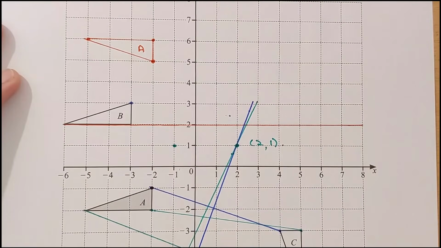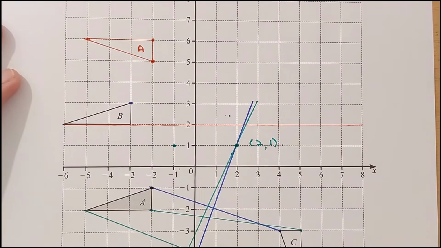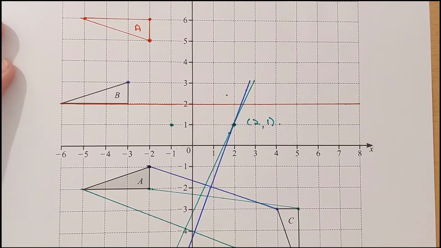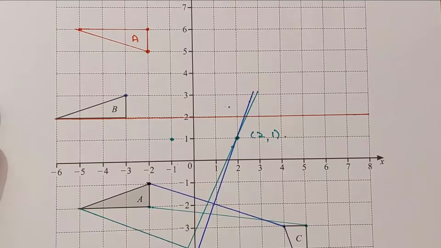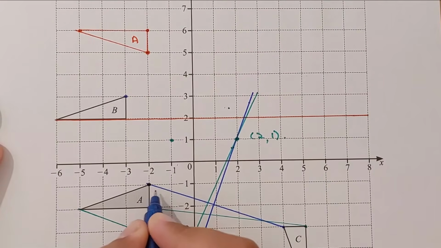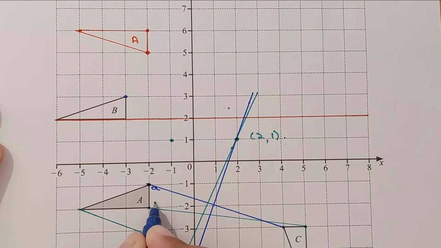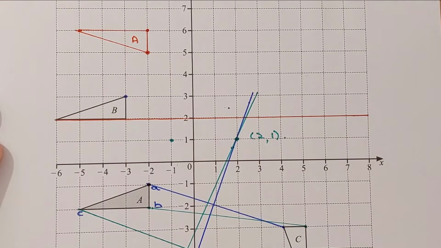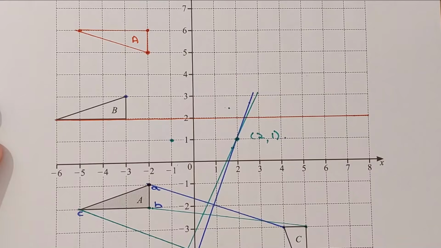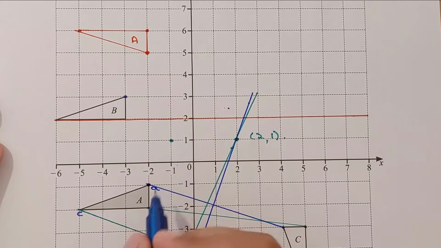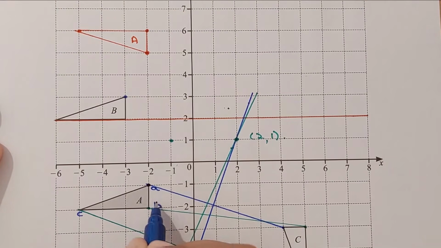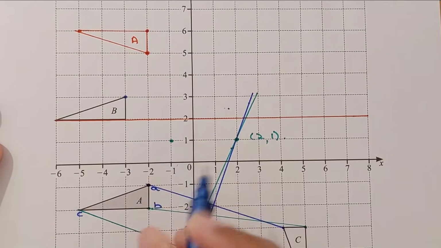Okay, so because the scale factor is negative, to find the coordinates of the enlarged shape, let's say this is point A, this is point B, and this is point C of triangle A. Now we have to find the new coordinates. First we need to find the distance of each point of shape A from the center of enlargement.